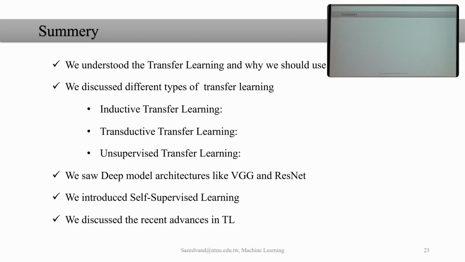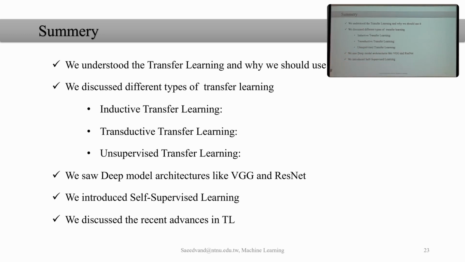If I want to summarize what we discussed today, we understood transfer learning and why we should use it. We discussed different types of transfer learning, including inductive, transductive, and unsupervised transfer learning. We saw deep learning model structures like VGG and ResNet, and we understood that we can load the pre-trained weights from the internet in the code and use transfer learning based on that.